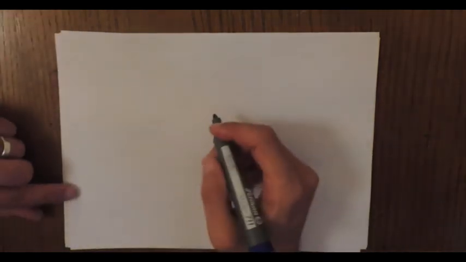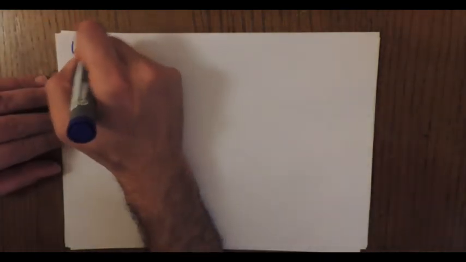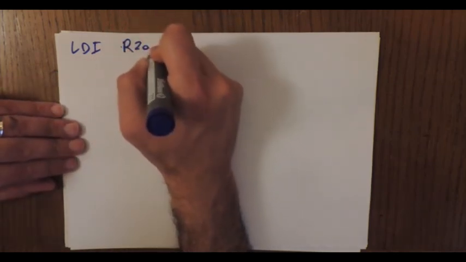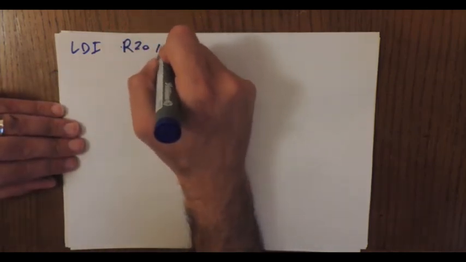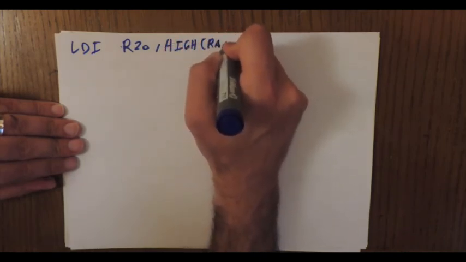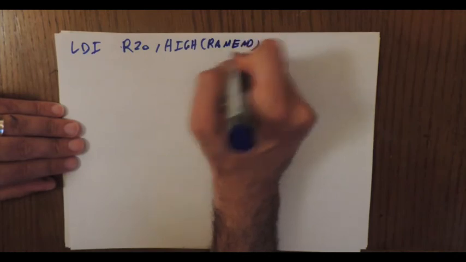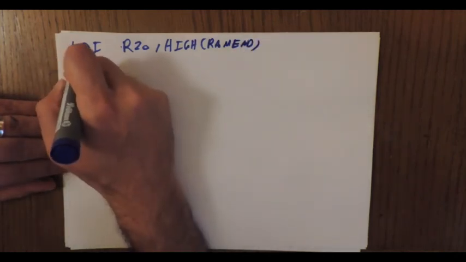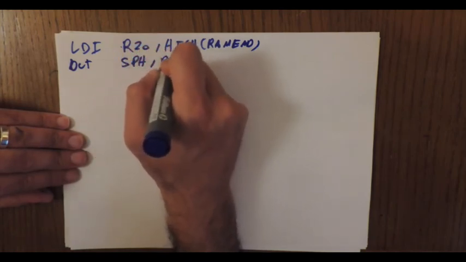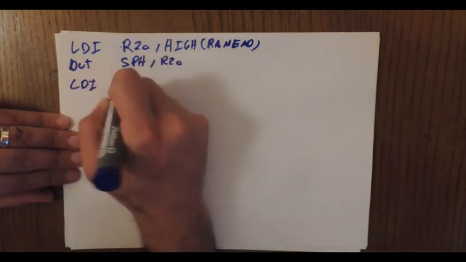So first of all, since I'm using a delay and a call instruction, I'm gonna start with configuring my stack pointer. So I'm gonna start with LDI, and then out SPH R20. Then I'm gonna do LDI.